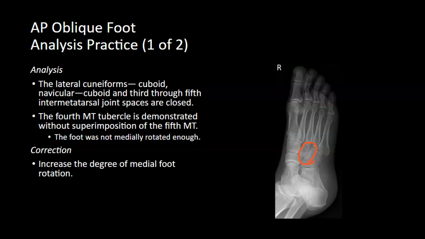The next thing we want to look at is the lateral cuneiforms, and the 4th tubercle is demonstrated without superimposition over here, and I'll show you the 4th tubercle here is demonstrated without superimposition, okay, of the 5th metatarsal. So we are insufficiently rotated. We need to increase this degree of medial rotation in order to correct this image.